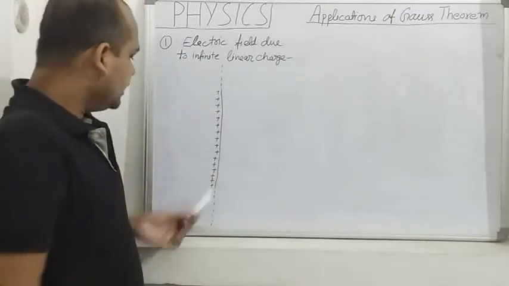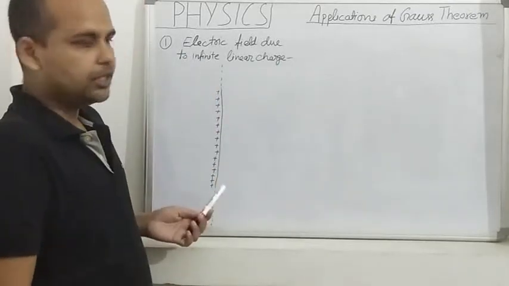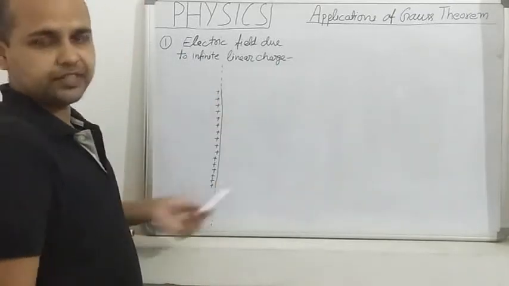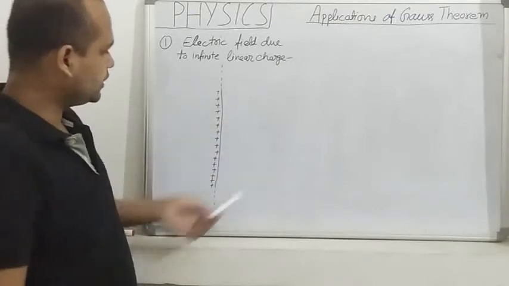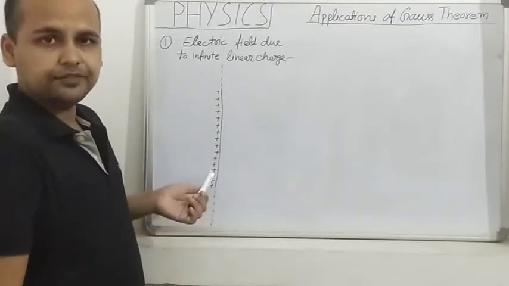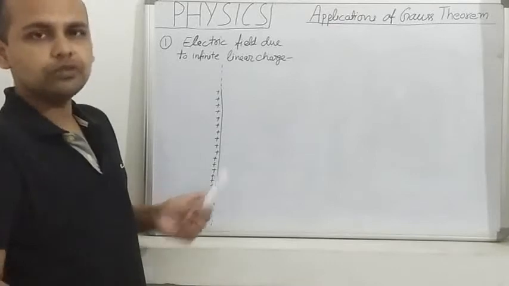So these two things first of all we will do. For a linear charge, can we choose a sphere? Will the sphere act as a symmetry for this linear charge? No, it is not possible.